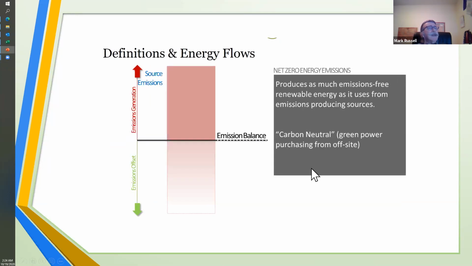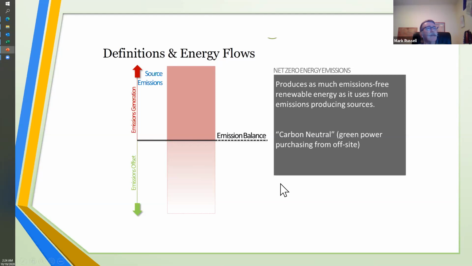All right. So the intent, net zero energy emission, produces as much emission-free renewable energy as it uses from emissions-producing sources. So the whole idea of becoming carbon neutral is that you produce green energy that offsets any of the emission sources that were generated otherwise.